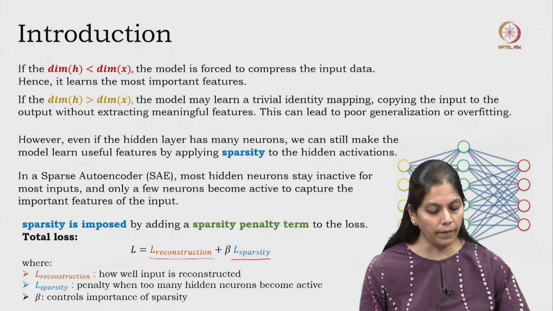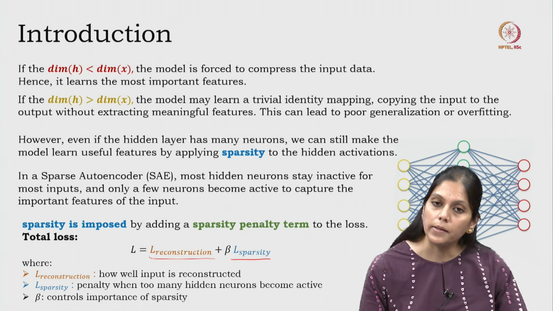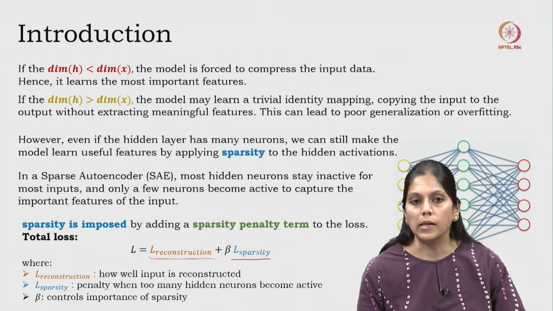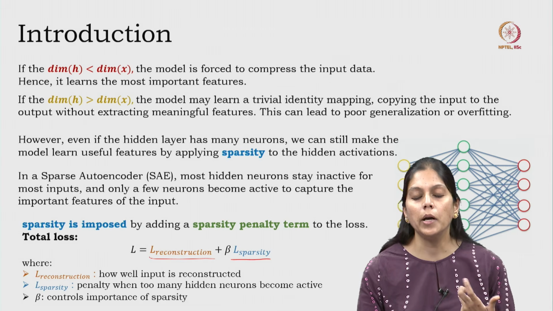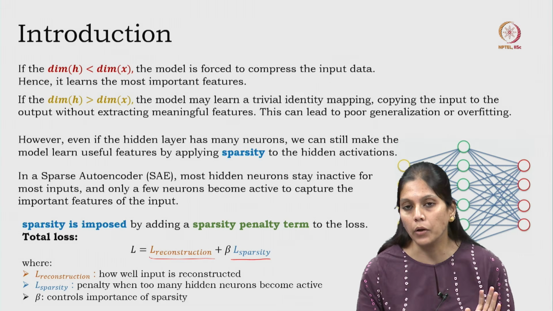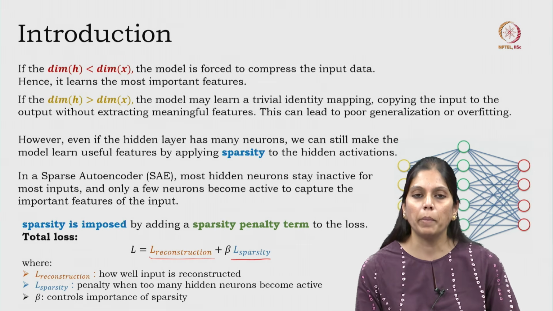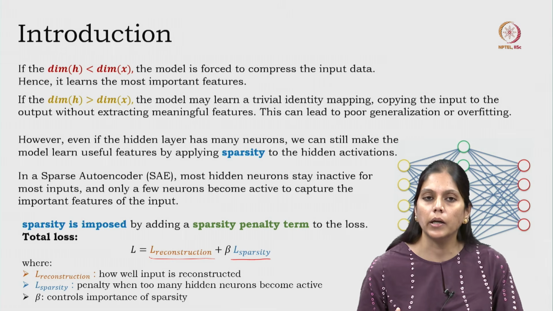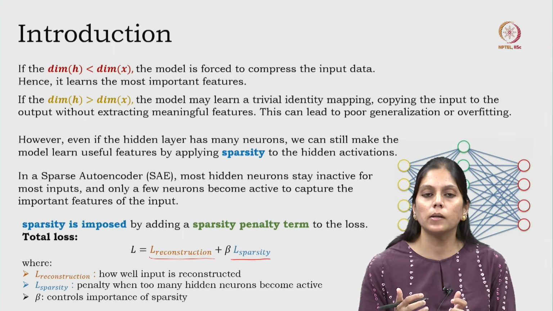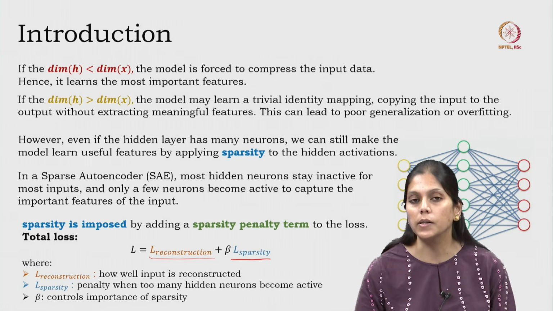In this, L reconstruction is how well the input is reconstructed, and L sparsity is the penalty when too many hidden neurons become active. If a neuron is active, punish it, give the penalty so that it becomes less active. When it becomes less active, the remaining neurons will capture the important features.